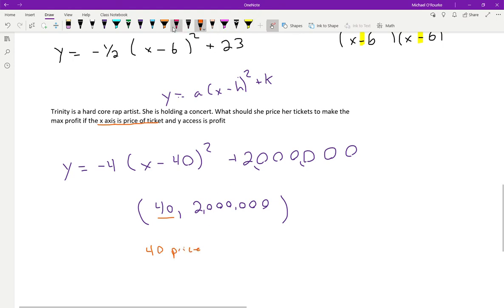And then the y-axis is our profit. If you remember, our points come in x, comma, y. So she'd have 2 million profit. Does that make sense to everybody?